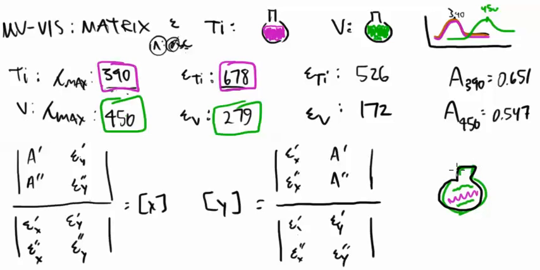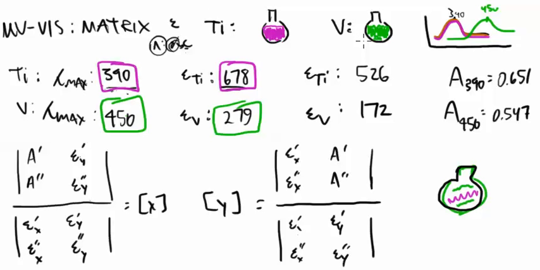We have to know how much titanium is in there, and how much vanadium is in there. And not only that, we have to understand that with this mixture of two components, the absorbances from the mixture are basically due to titanium absorbance and vanadium absorbance both. So we call that additive.